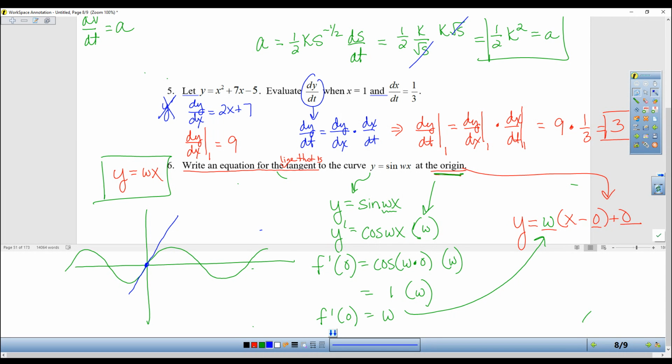But if I made it steeper, if w is, say, 4, and this trig function is really steep, then what is that going to do to the tangent line? It's also going to be really steep. That's why y is equal to wx. So hopefully the answer makes sense. The more you're willing to draw a graph and let the answer make sense, the more successful you'll be.